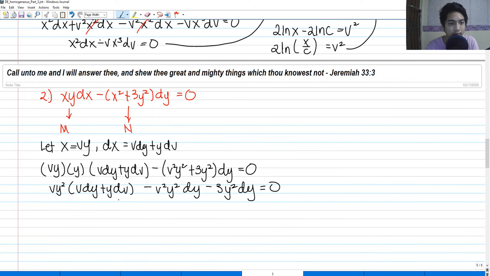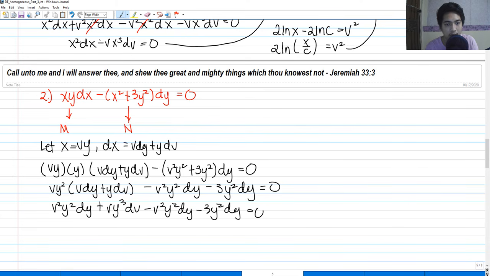Simplifying this, distribute. We have v squared y squared dy plus vy cubed dv minus v squared y squared dy minus 3y squared dy equals 0. As you can see, v squared y squared dy and minus v squared y squared dy cancel. So we have vy cubed dv minus 3y squared dy equals 0.